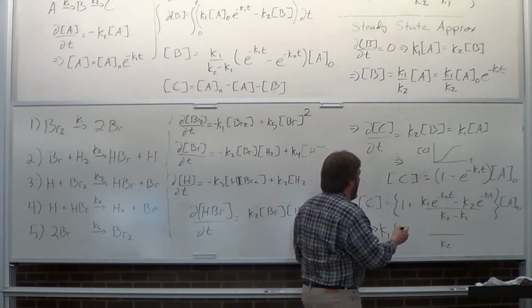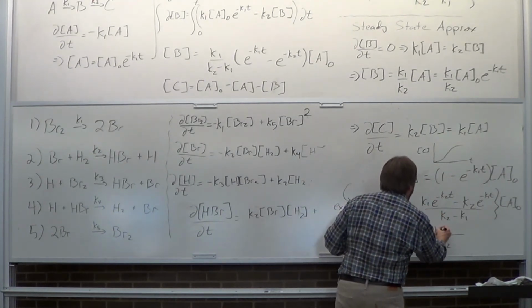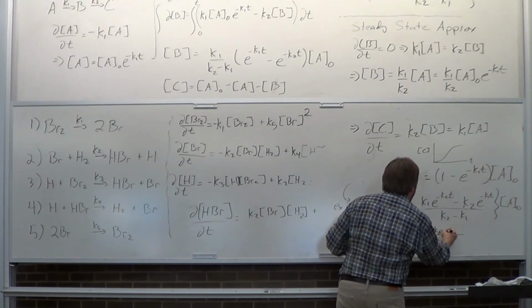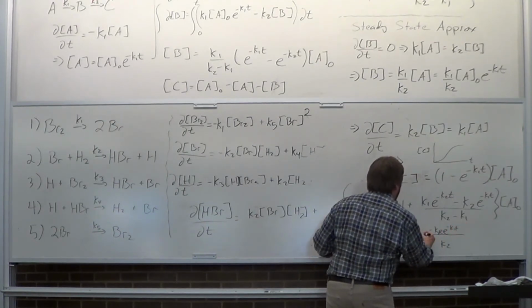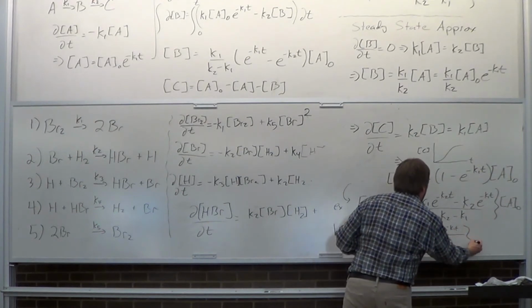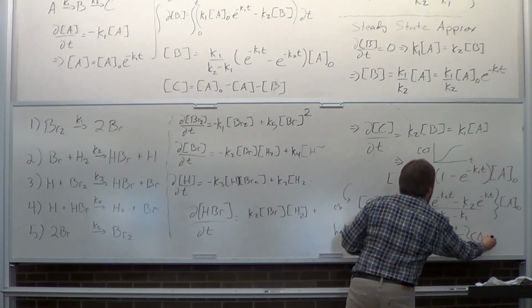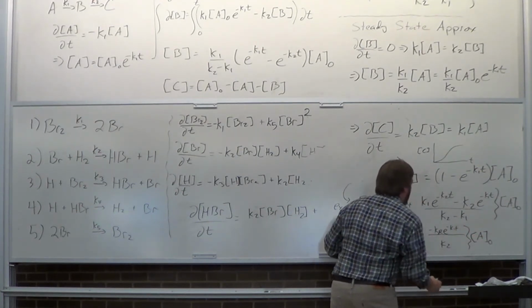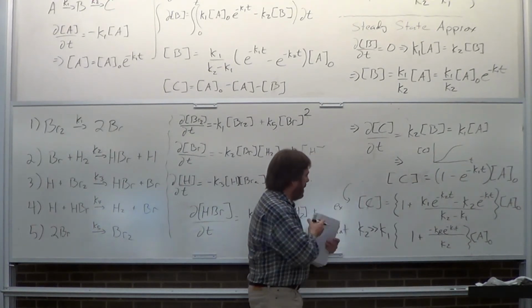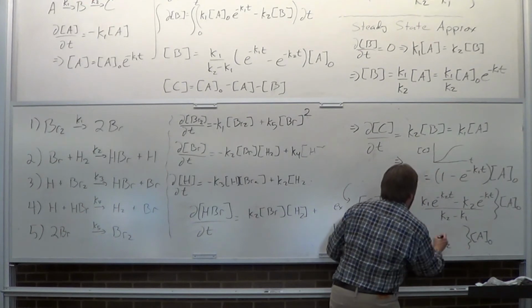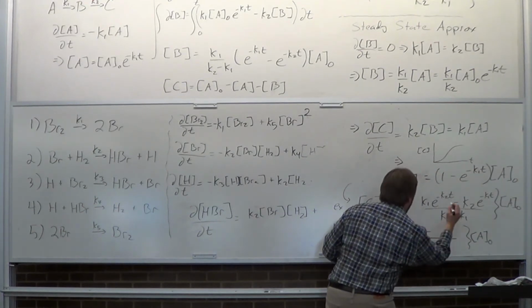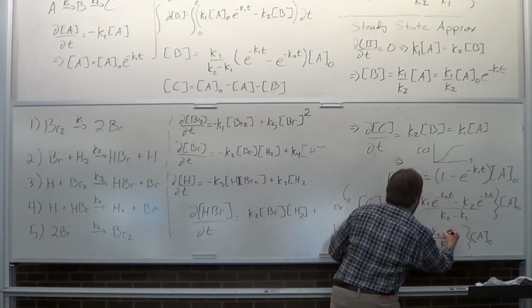So you end up with K2 minus K2, K2 e to the minus K1t, A naught. Sorry, I don't know why my handwriting is so bad today. I'll answer your question in the back in just one second.